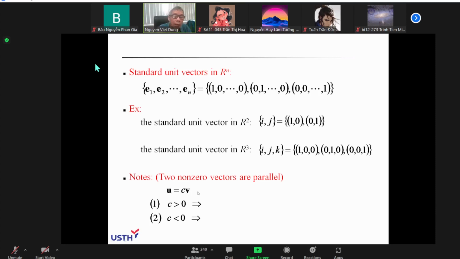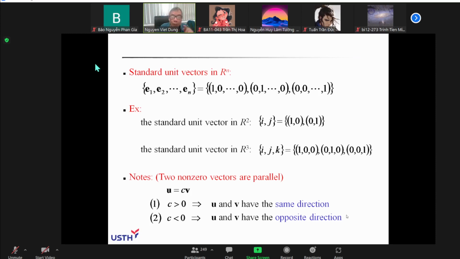Because both u and v are non-zero, c cannot be zero. c can be positive or negative only. If c is positive, we say that u and v have the same direction, and if c is negative, we say u and v have opposite direction.